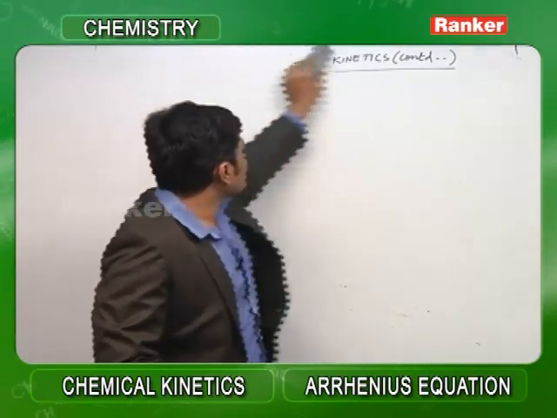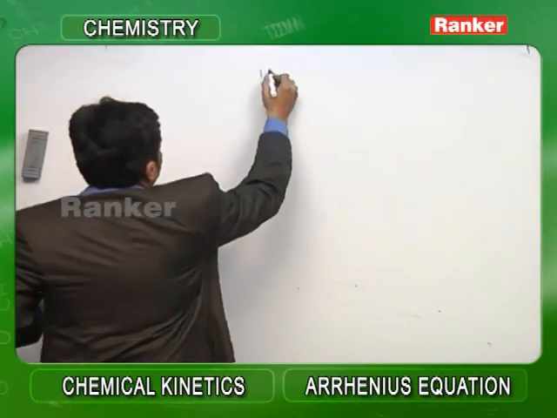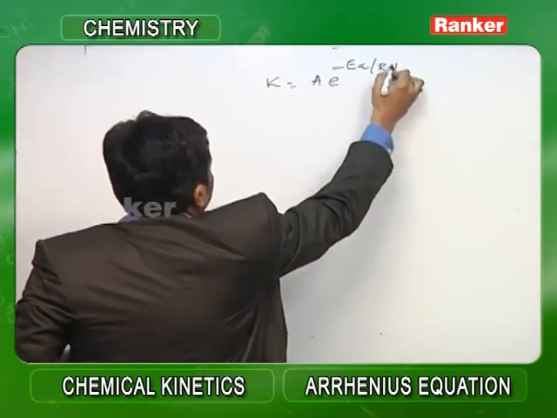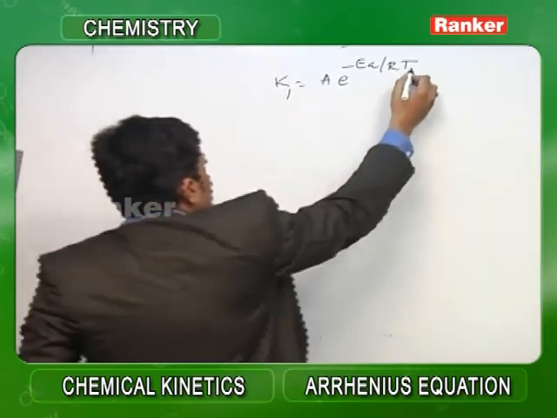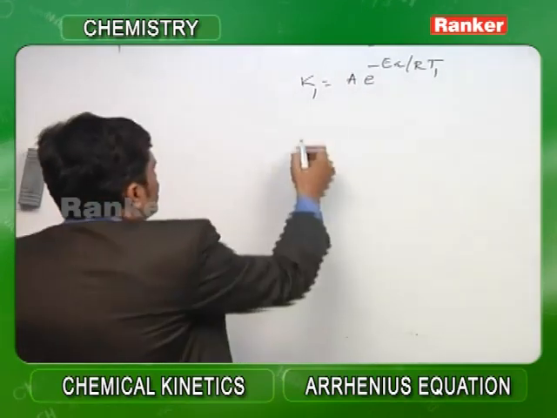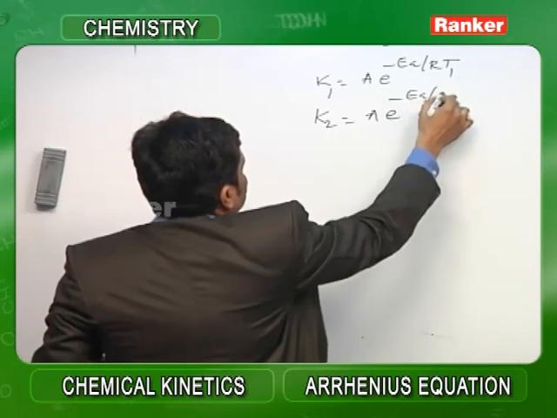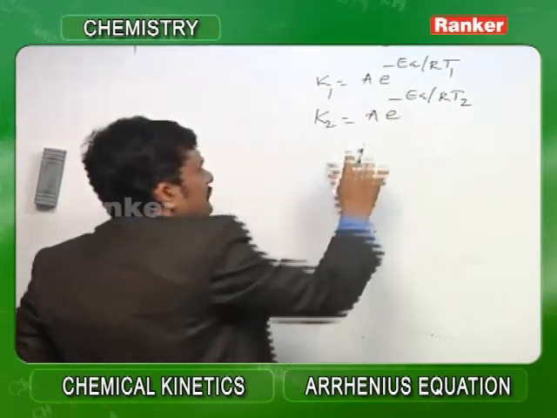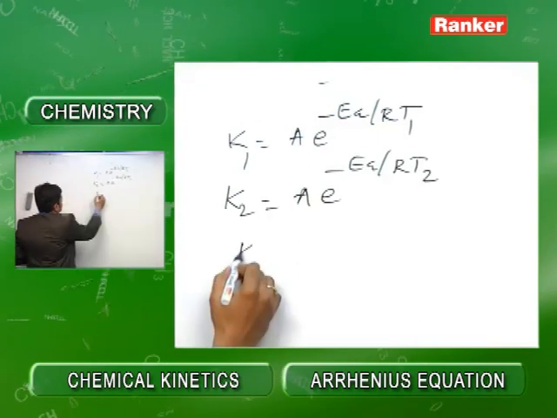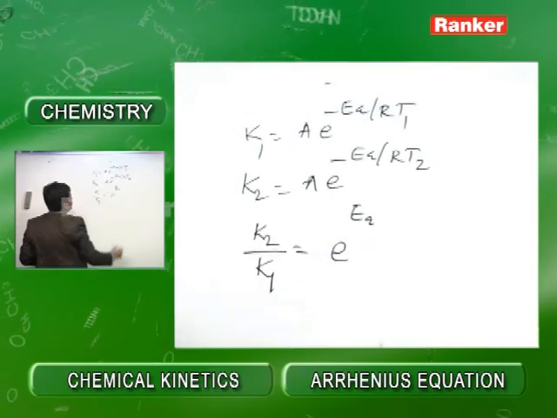So moving on further, the equation part we have can be put up in a graphical manner. For example, at temperature T1, say the rate constant is K1, and temperature T2 has changed the rate constant to K2, without changing the other things. Now when I write it simply, K2 divided by K1 is equal to e power Ea.